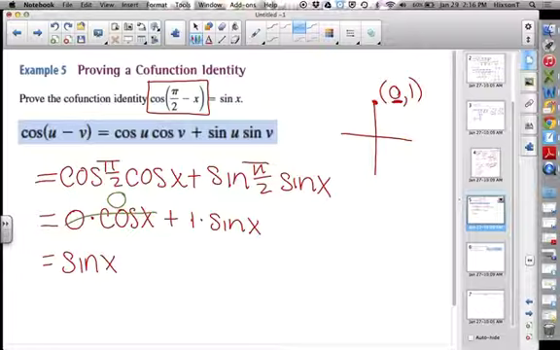Sine of pi over 2 is 1. So we plug that in and we have 0 plus 1 sine, which equals sine. Okay? So, any questions about that? It's not too bad, right? Alright, good.